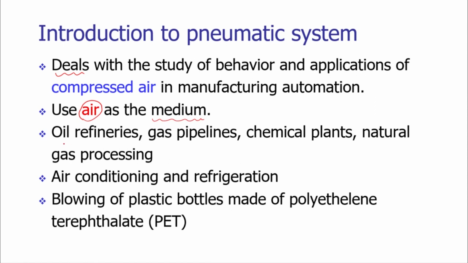A variety of applications are there, such as oil refineries, gas pipelines, chemical plants, natural gas processing. Basically in chemical plants and the petrochemical industry, it is very essential to have the safety aspects of the system and the human beings who are operating.